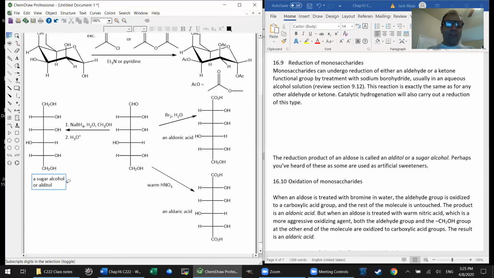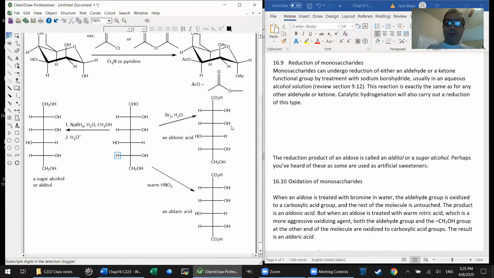These things also have been used for a very long time in chewing gum, is my understanding, because these alditols have two benefits. First of all, they're sweet. Second of all, the bacteria in your mouth really doesn't like sugar alcohols. So it fulfills a double purpose.